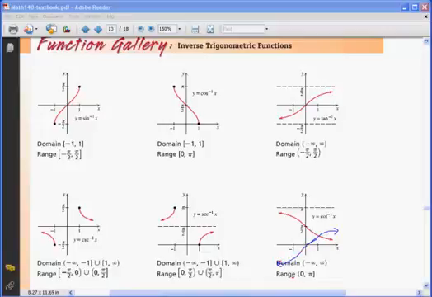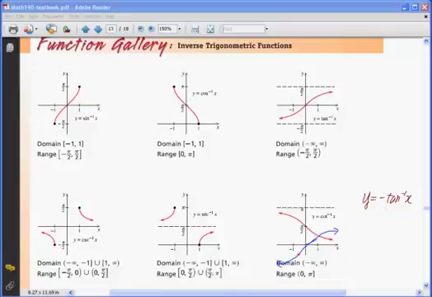Now, to get the graph of y equal to negative inverse tangent x, we need to reflect this blue graph about the x-axis to get the graph of the negative inverse tangent of x.